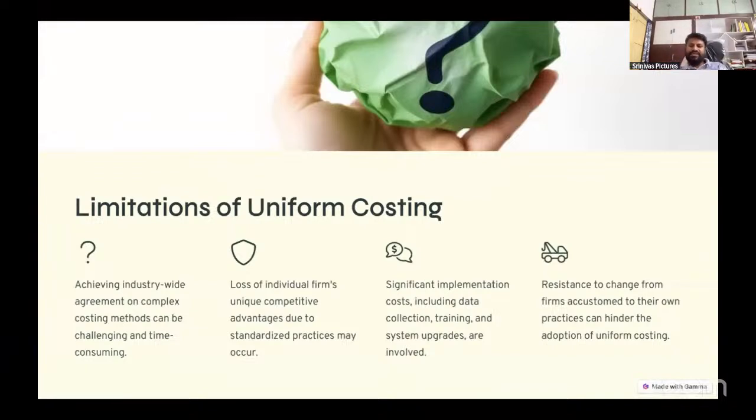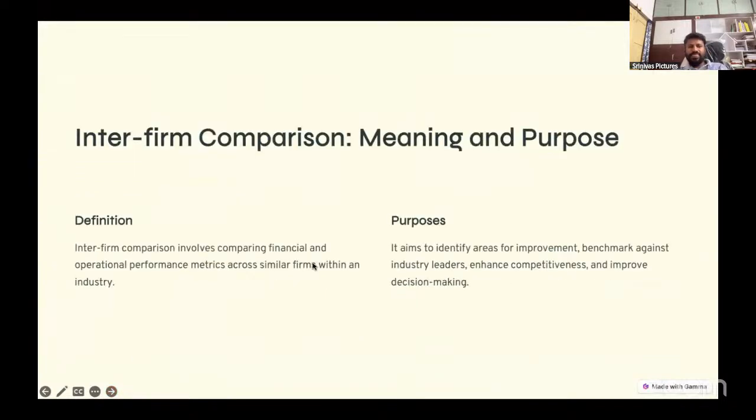Significant implementation costs, including data collection, training, and system upgrades, are involved. And resistance to change from firms accustomed to their own practices can hinder the adoption of uniform costing. So these are the limitations of uniform costing.